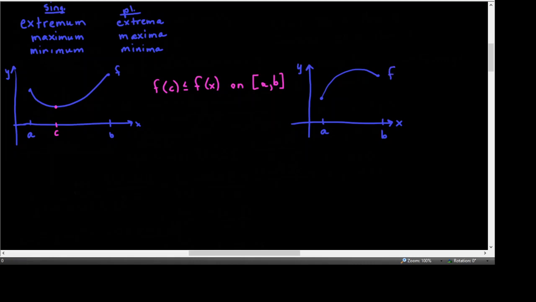And you have a maximum at c when f of c is greater than or equal to all the function outputs on the interval from a to b, which is what I'm calling I. Okay? So that's what it means to be a minimum. And what it means for f of c to be a maximum.